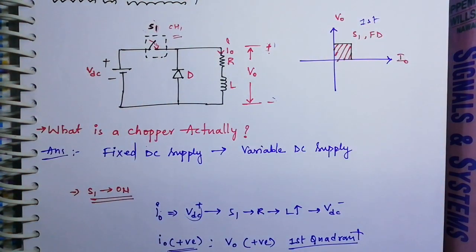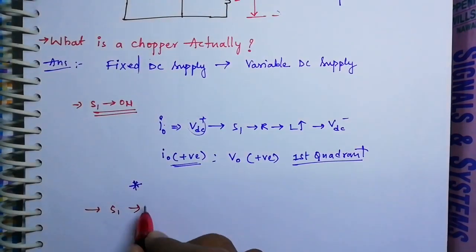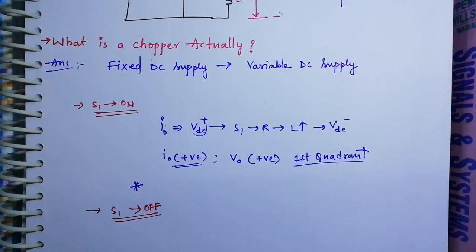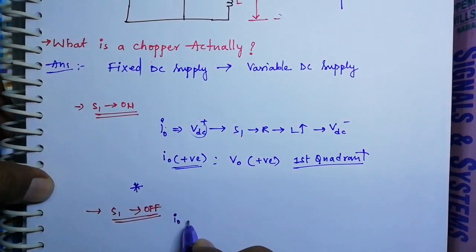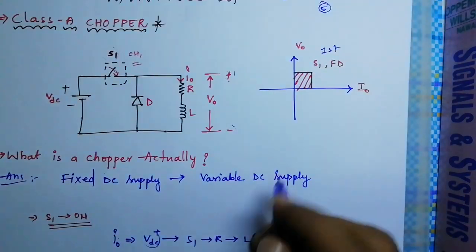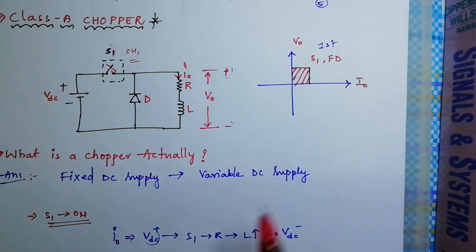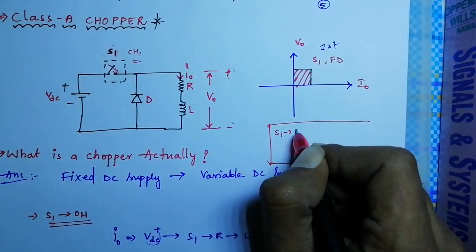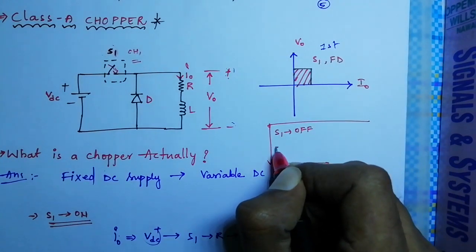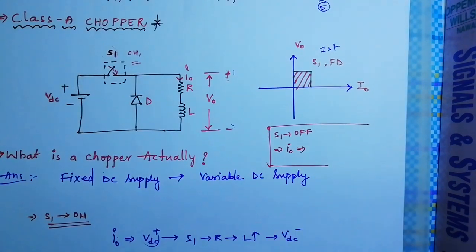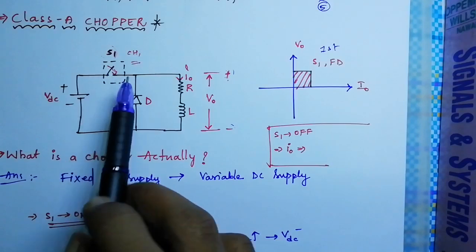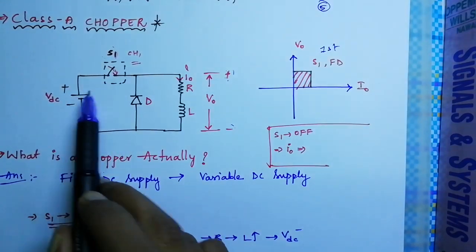So now the condition is when switch S1 is in off state. When S1 is off, what will be my current direction? When switch S1 is off, which means it is open, there is no connection between the source and the load.